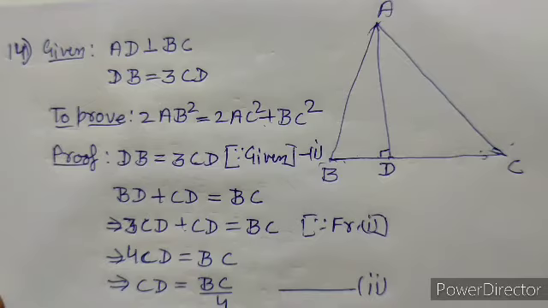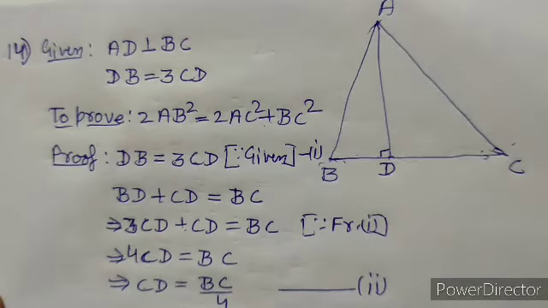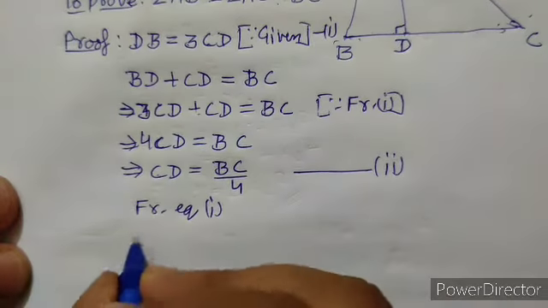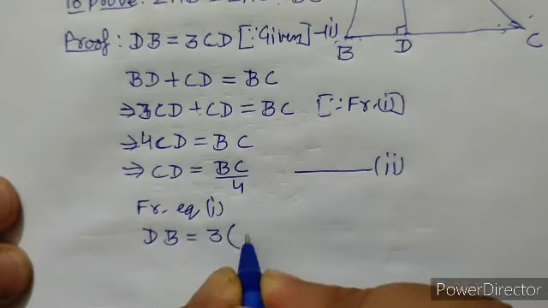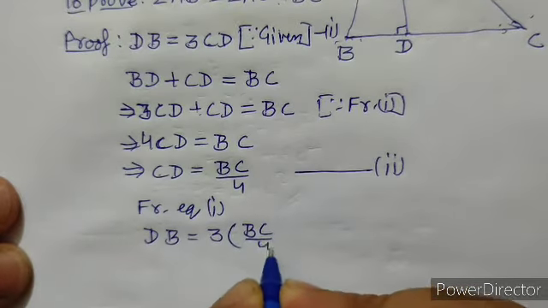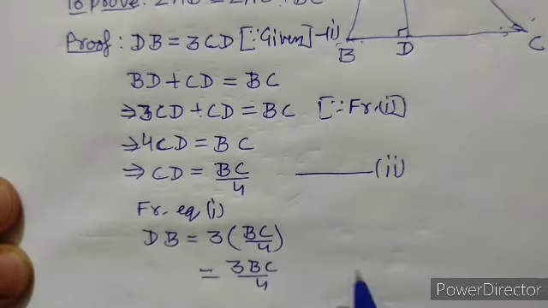Now again on putting the value of CD in equation first, we can say that DB is equal to 3CD, and CD was BC by 4, and that will be 3BC by 4.